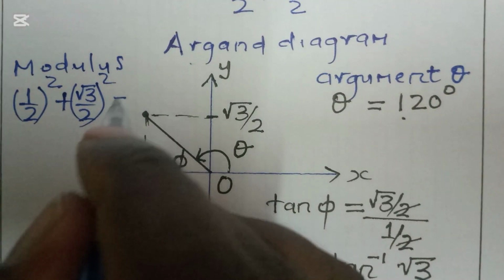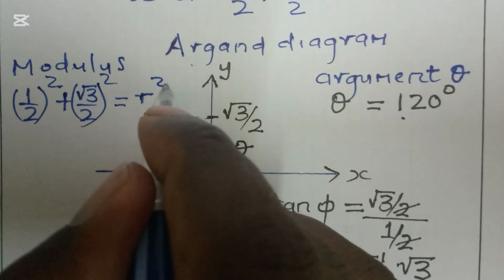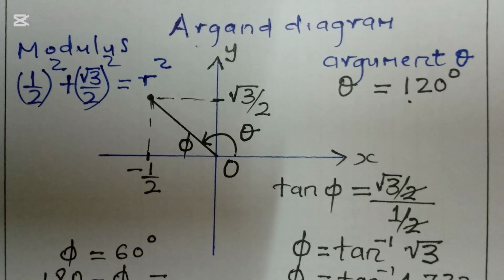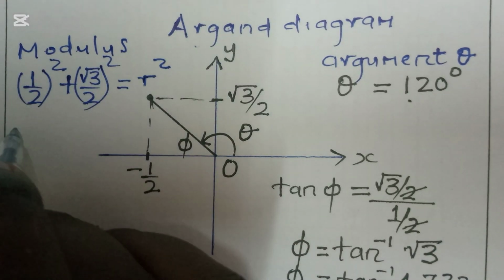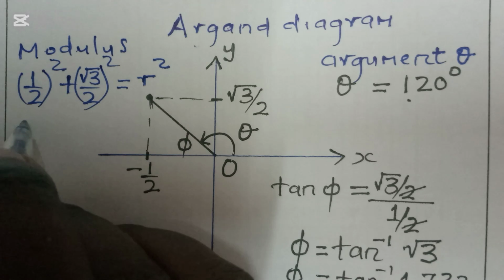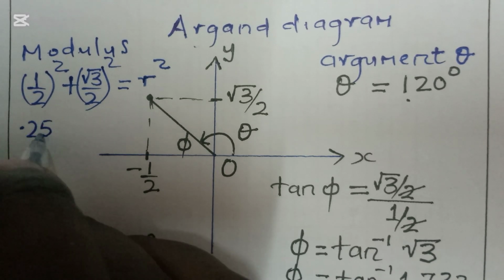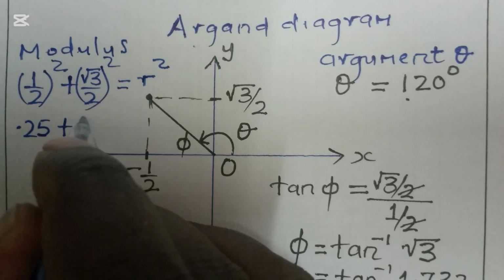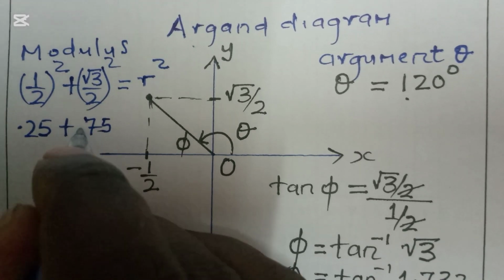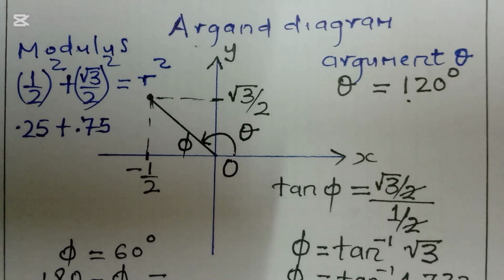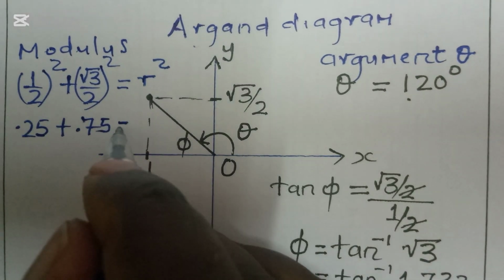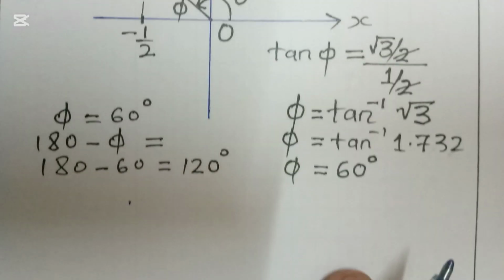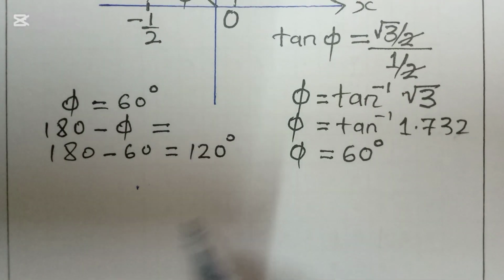This gives us r squared. So in looking for that, we shall have 0.25, that is a half squared, plus 0.75. So guys, this one we shall get as 1. So r squared is equal to 1, meaning that r is equal to 1.